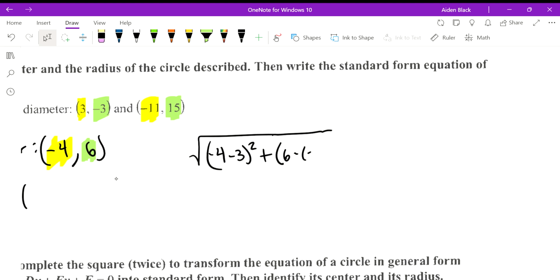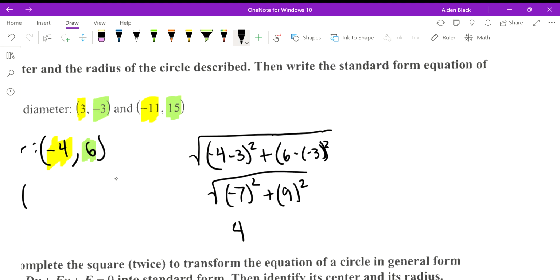6 minus negative 3 squared. You get negative 7 squared plus 6 minus negative 3 is 6 plus 3. So we have 49 plus 81 all under the square root. That should be 130.